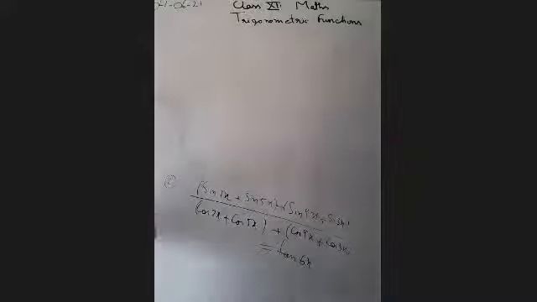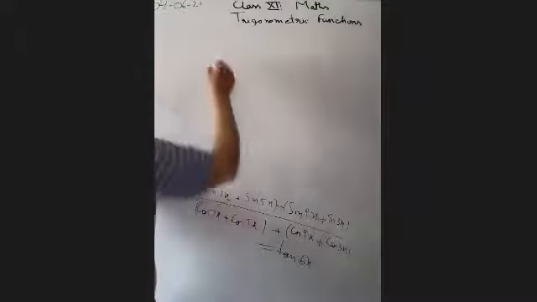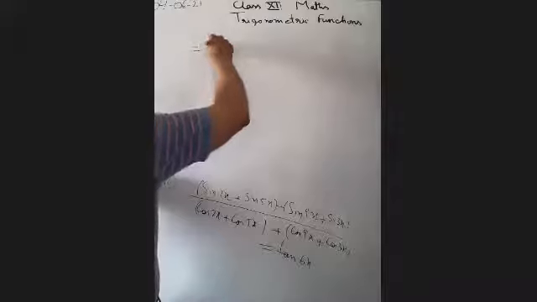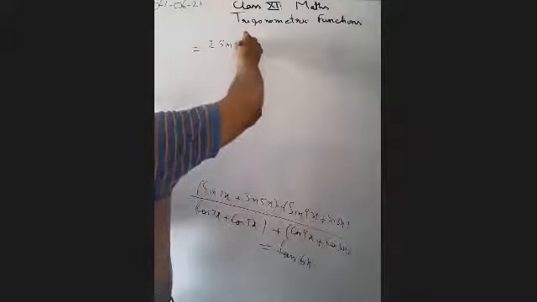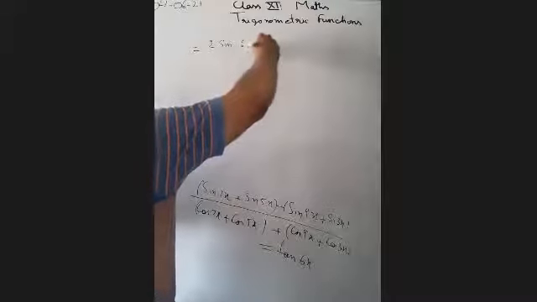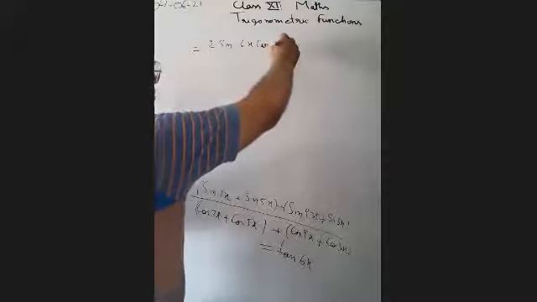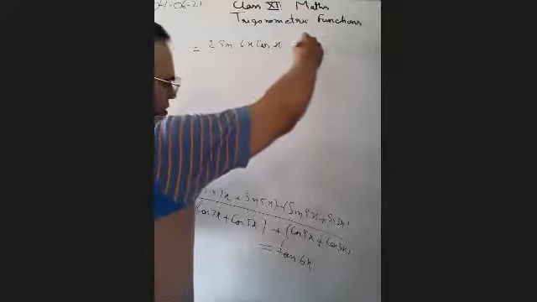So sin c plus sin d will be equal to 2 sin 12x divided by 2, 6x, cos 2x divided by 2, that is cos x.